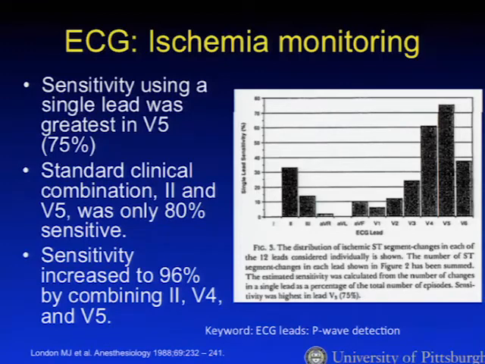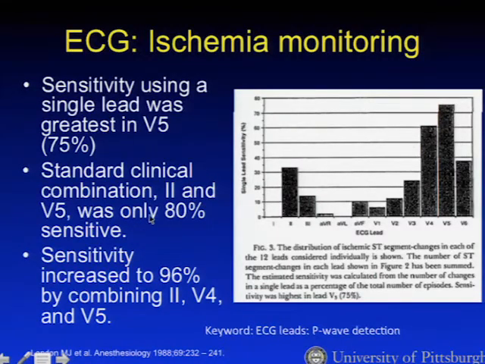Turning now to ECG monitoring, a couple of points related to detection of intraoperative or perioperative ischemia. Older data indicated that V5 was the most sensitive single lead for detecting ischemic events, and the single lead sensitivity of V5 in this study was around 75%.